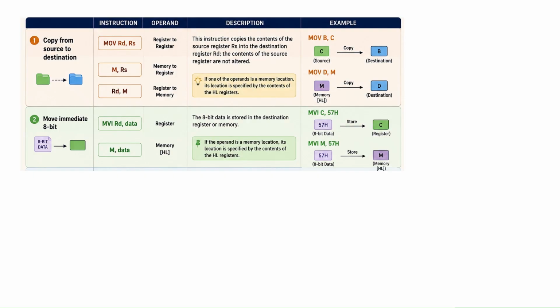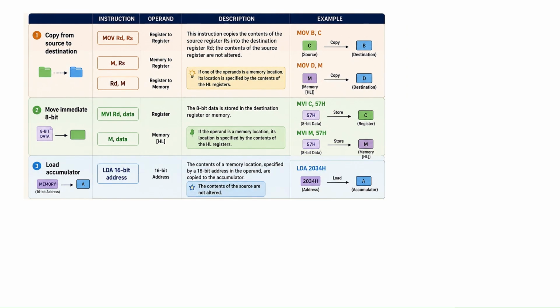Up next, LDA, that is load accumulator. Let's see the example, LDA 2034H. Here 2034H is the memory location in the memory. This memory location already has 8-bit data.